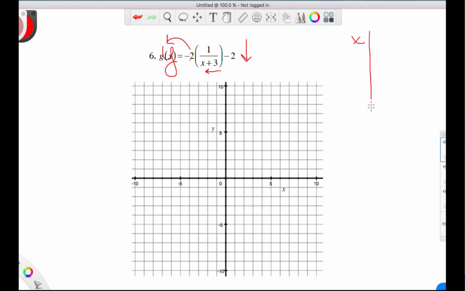And the parent function, which is the reciprocal function 1/x, starts at -2. So we have -2 and down a half, and then -1, -1, and -1/2, and down 2. And then there's no 0, 0, because 0 is undefined in the denominator.